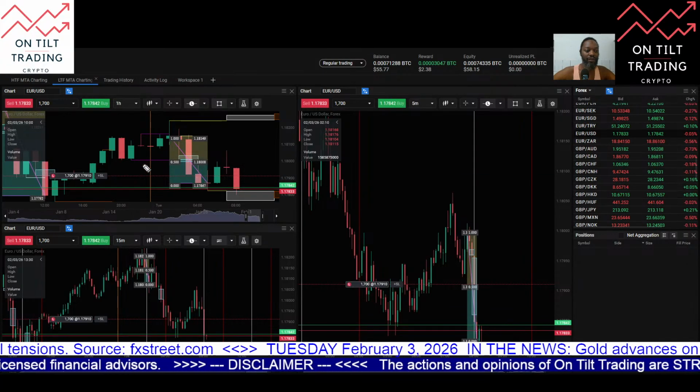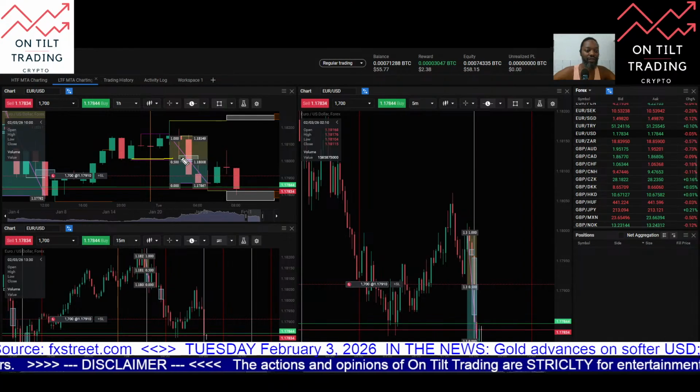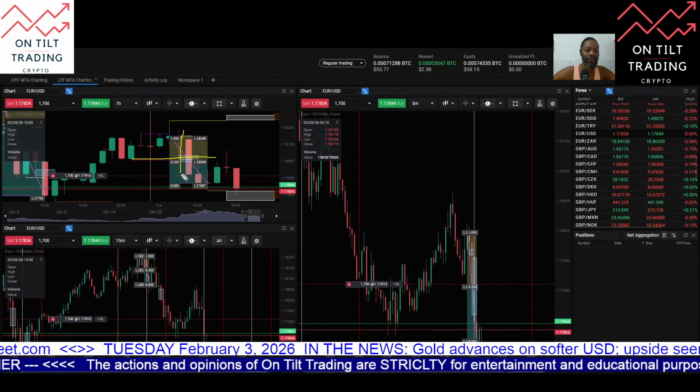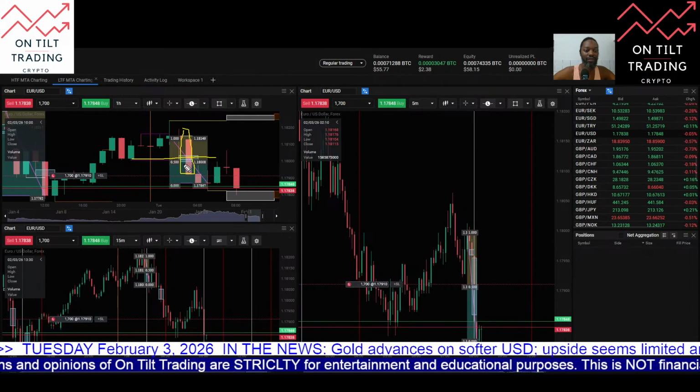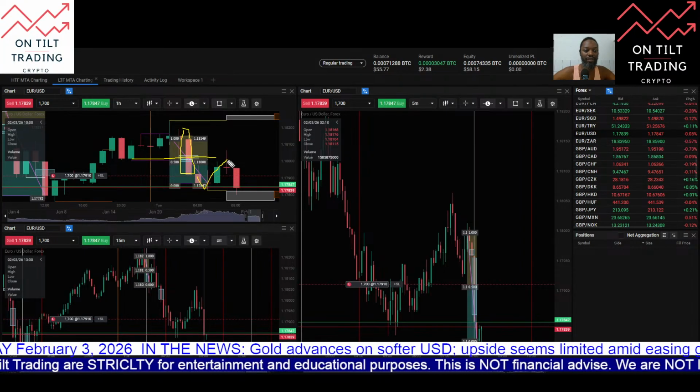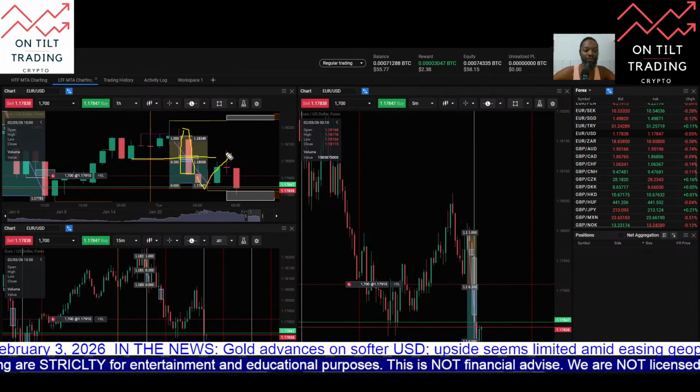And then here is the low of the Asian session, and you can see here as well, price action closes below the Asian range, and then gets pulled back into the range here.